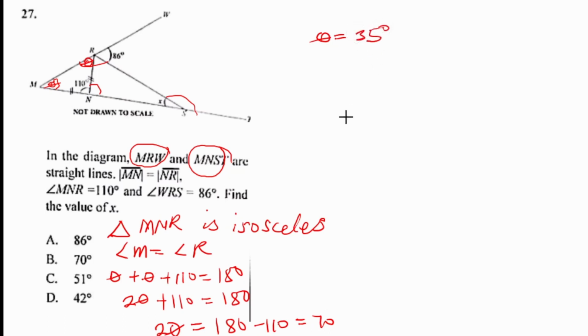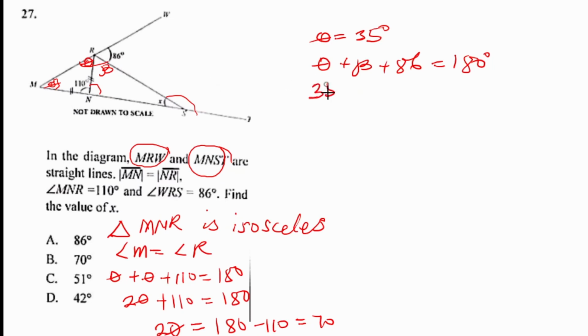35 degrees. And remember, I said if you add 1, 2, 3, it should give you 180 degrees, right? Good. So if we decide to call this angle here beta, just to give it a name, it means that theta plus beta plus 86 degrees should give us 180 degrees, because they are angles on a straight line. Now we know theta to be 35 degrees.